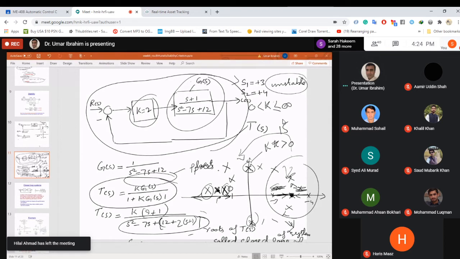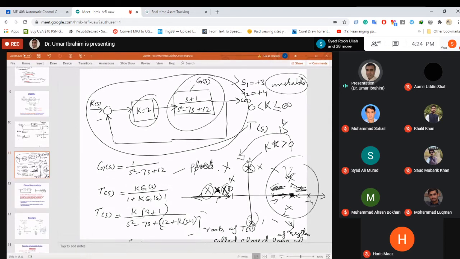of K. But if I ask you, for what range of K the system is unstable, and for what value of K the system is marginally stable, then there is no practical way. Up till now, you have not studied any practical way to answer that question.